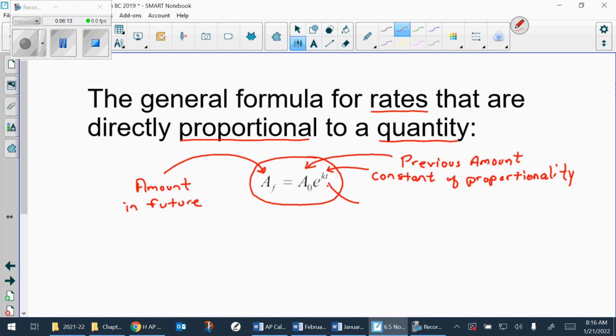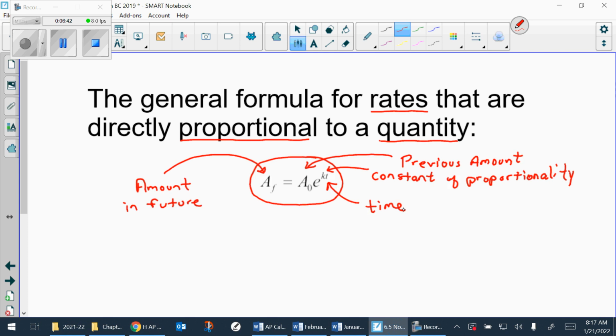And T is how much time has gone by. Okay, so this is the general formula that we're going to use to solve these exponential growth and decay problems. Those lend themselves very nicely because those are situations where the rate is proportional to the quantity.